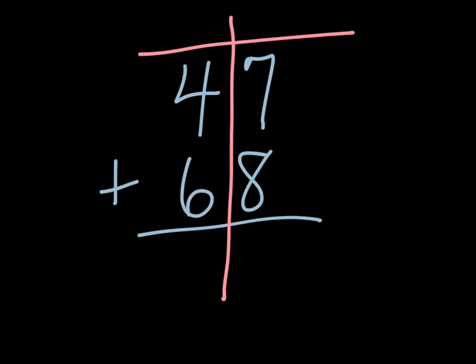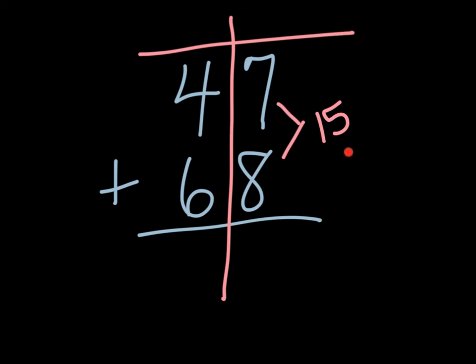If you want the right answer, you always start over on the right. So I'm going to do 7 plus 8. I can use my near doubles, so I know that 7 plus 7 is 14, and 8 is only one more than that, so 7 plus 8 must be 15. Okay, if my answer is larger than 9, then I know I'm going to have to regroup.